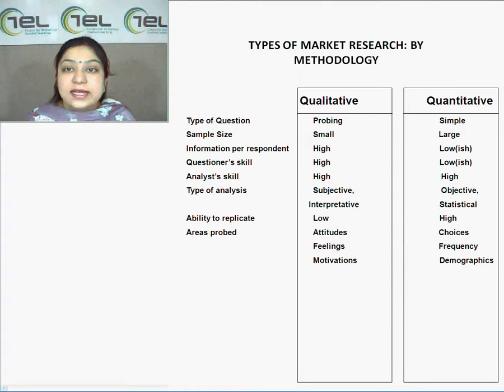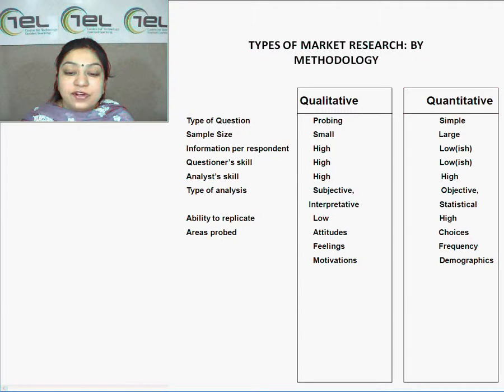The analyst skills required for qualitative are high, because you do not know what the respondent has answered, and then you have to code it and analyze your data. In terms of quantitative, analyst skills are also high, because almost all the data is coded and then you straight away need to analyze the data.